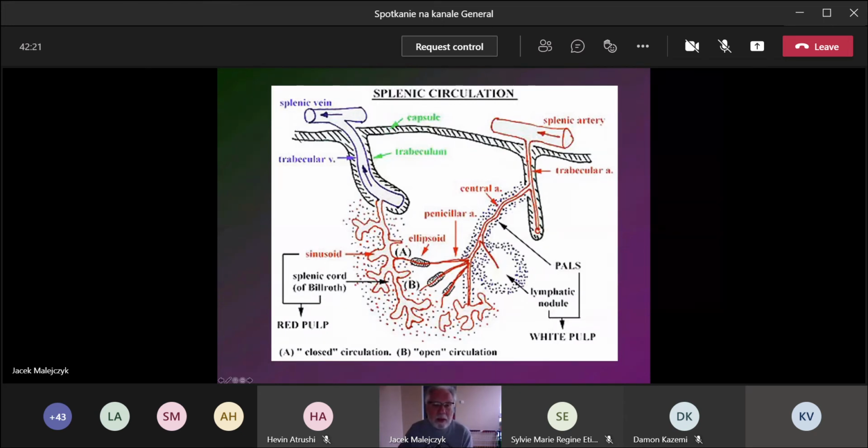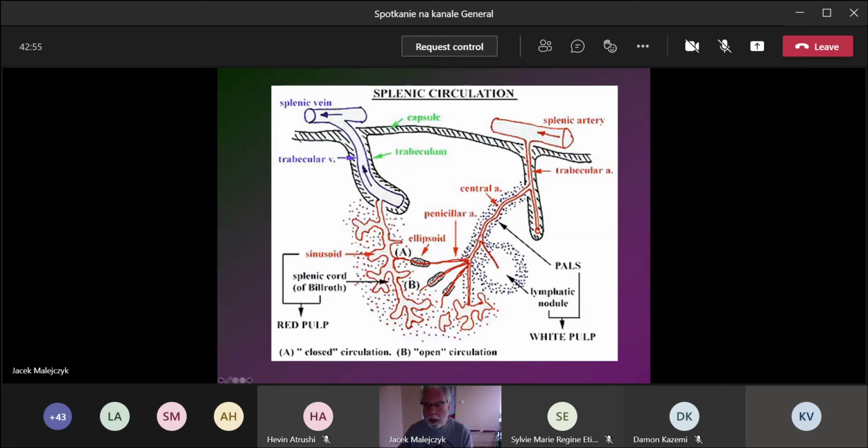Sinusoids are characterized, as seen here, by a very large diameter. So they may play a part as a blood reservoir, as well as the place where particles may be easily captured by the macrophages, which are present in the wall of the sinusoid vessels. So here is generally the organization of the organ.